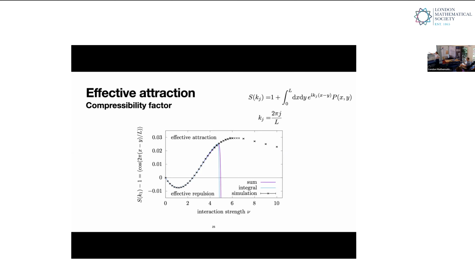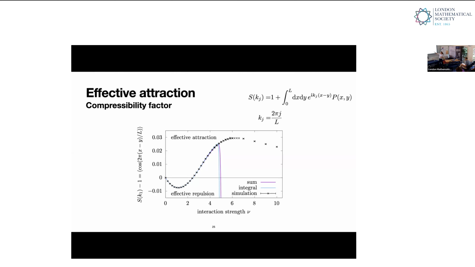So initially, the system goes into repulsion, which is what we would expect if we just have repulsion. And at some point, higher nonlinear terms kick in and make the system turn from repulsion into attraction. That was really what we wanted to characterize.